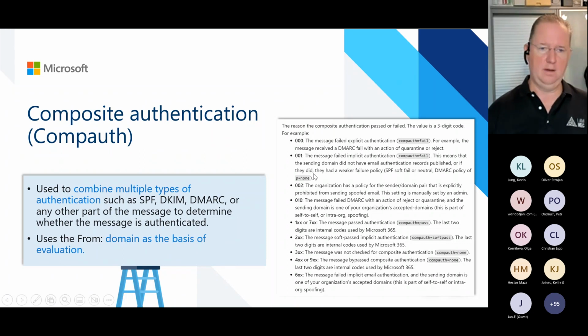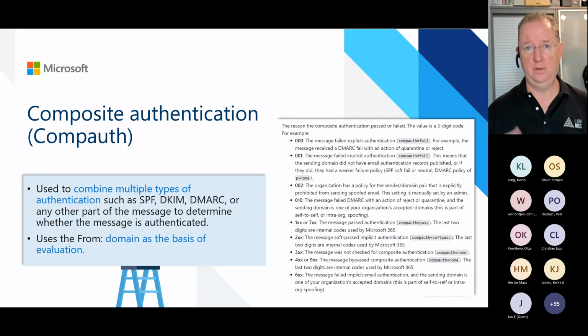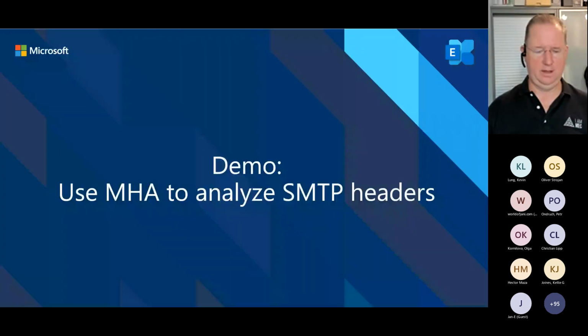Basically, compauth uses the from domain as the basis for evaluation. Here you see the figures, and let's have a demo on that. I guess that's easier to understand. It gives you back a fail or a pass, and provides you with a 3-digit code that you can look up, so you understand why Office 365 or Exchange Online Protection did what it did.